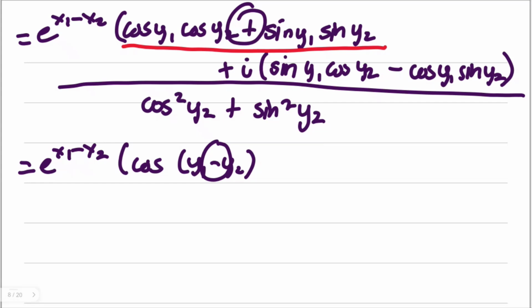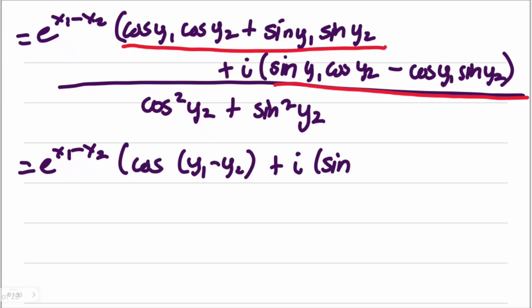That's for the sum and difference formulas for your cosine. As for your second group, you have plus i. This will also cover the difference formula for sine. Okay, this is actually equal to sine of the difference of y sub 1 and y sub 2.